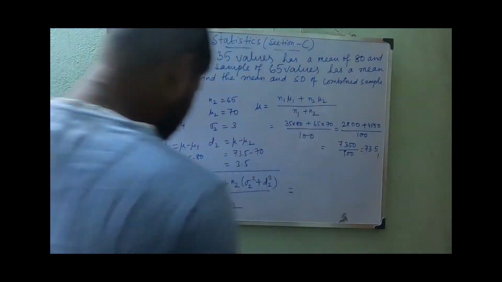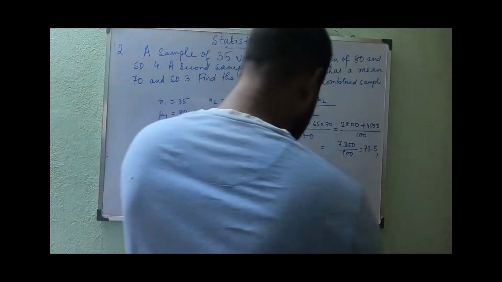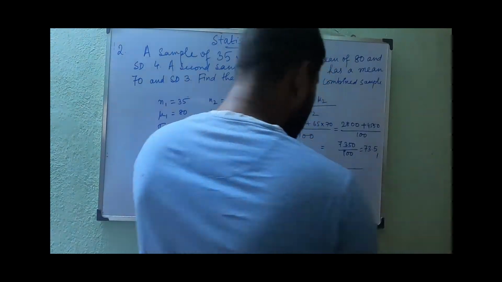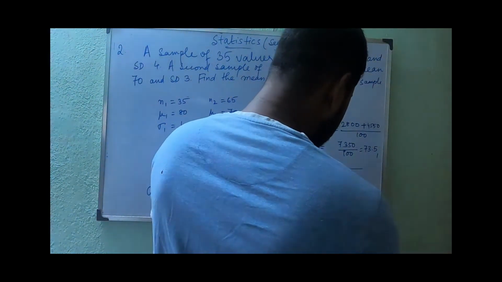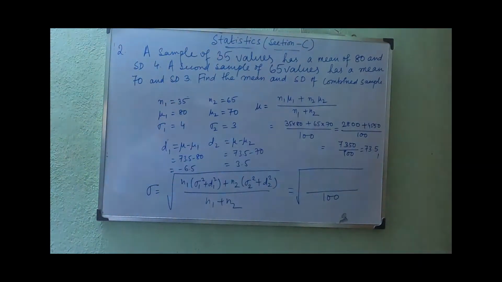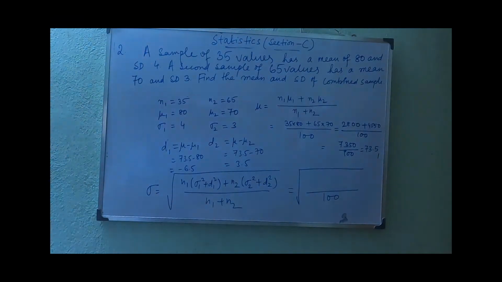Now let us put the values. I am just going to write the final answer because the calculation is left to you. Do the calculation and I am pretty sure you will get the answer.